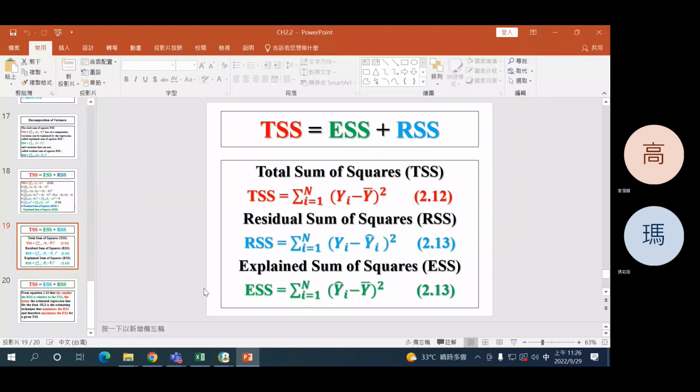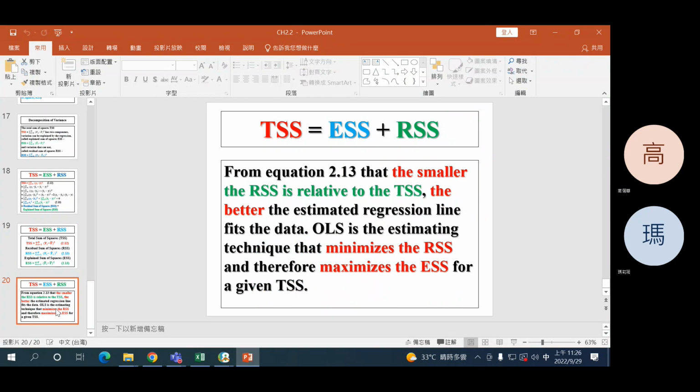So this is what I replace all this with, as in our book's equation. And this is what I said from equation 2.13: the smaller the RSS is relative to TSS, the better the estimated regression line fits the data. And OLS is an estimating technique that minimizes RSS and therefore maximizes ESS.